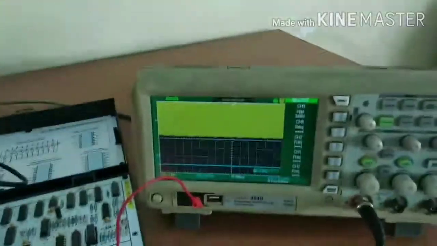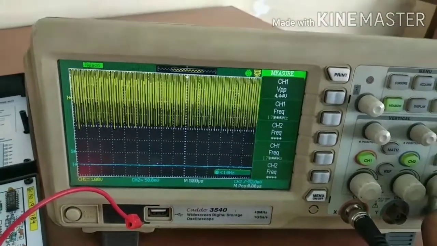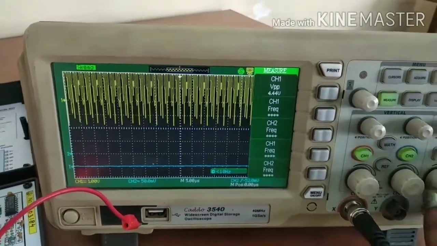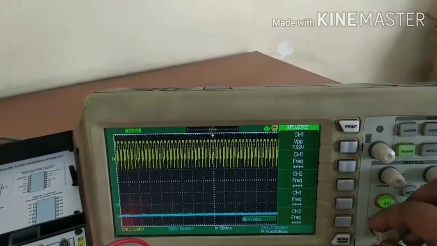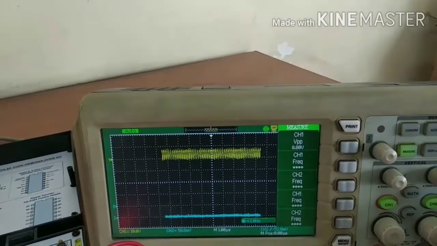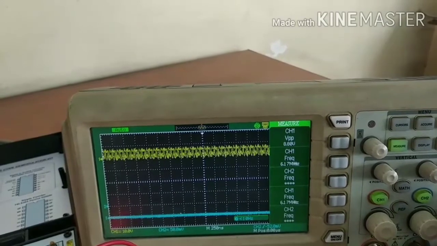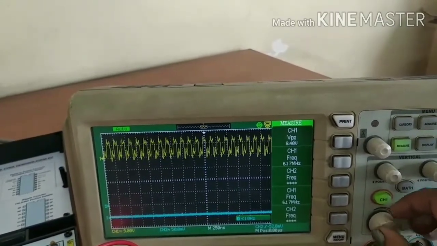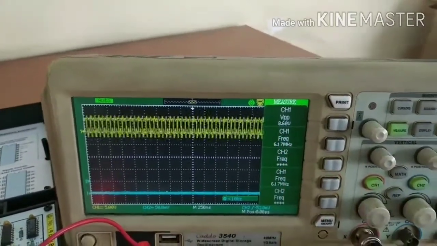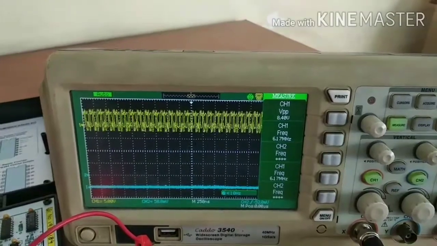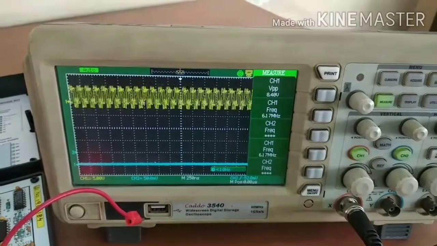Then we get the desired output from the DSO by adjusting some switches, that is the x-axis and y-axis. The value is showing here.